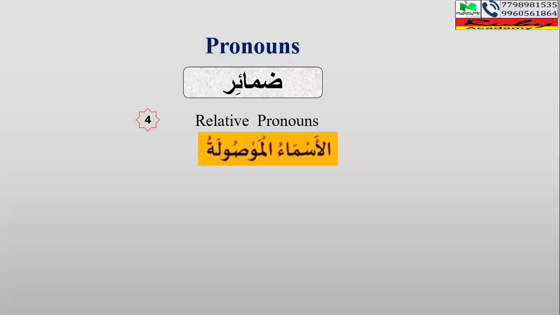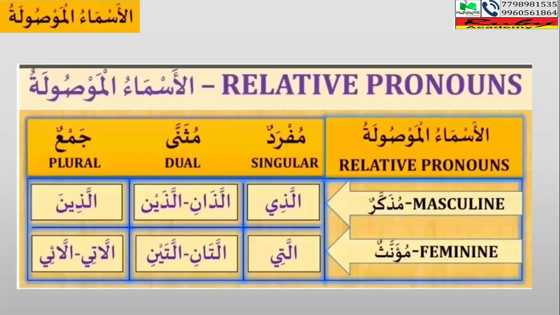So let's begin. But as you know, in Arabic we have learned different kinds of pronouns and they are all categorized according to gender and number. It is the same case for the relative pronouns as well, so we need to keep that in mind.